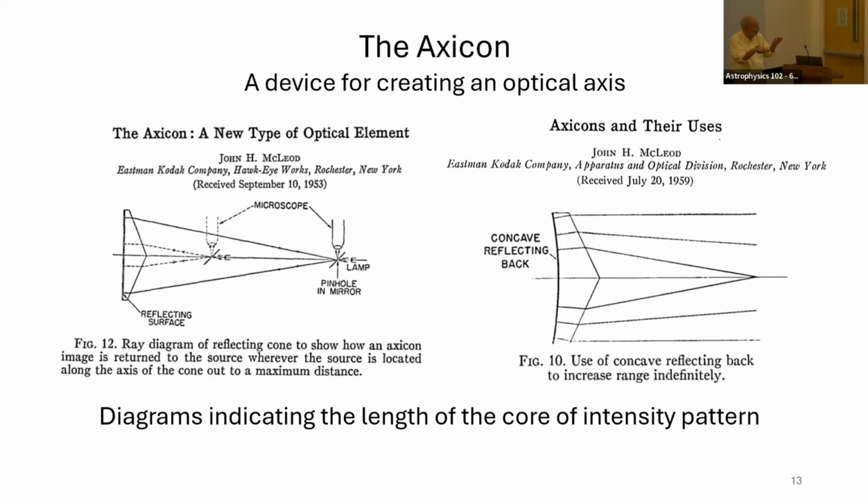So you've got a finite distance over which you know where the axis is for the light. And then McLeod said, well, if I want longer than that, I can put a concave back on the axicon, and now I can go meters, even hundreds of meters.